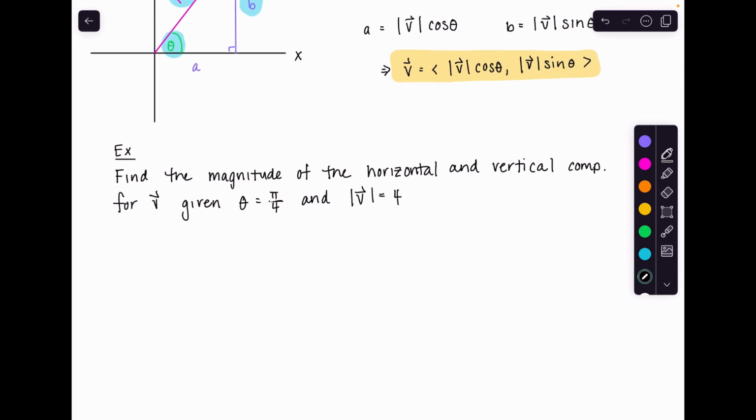So again, magnitude is just talking about the size. This is basically asking what are the horizontal and vertical components.